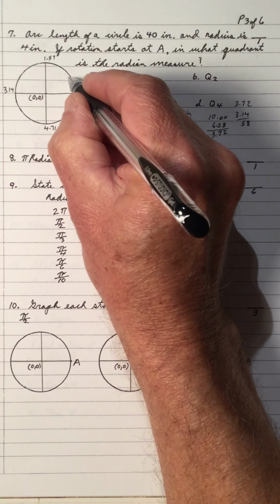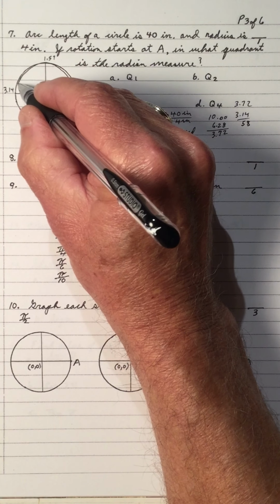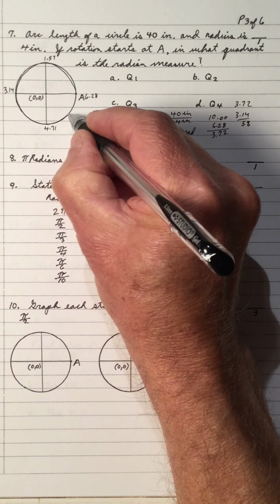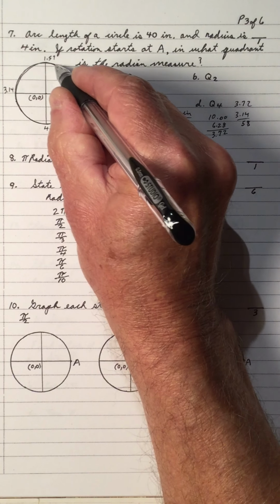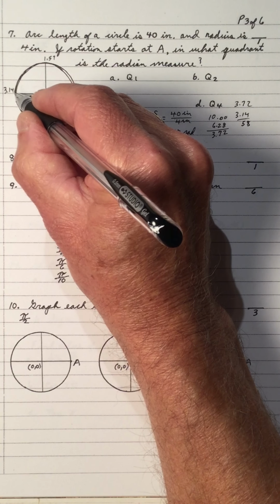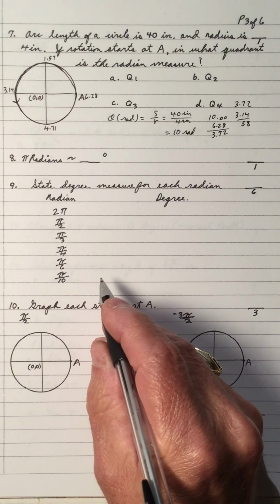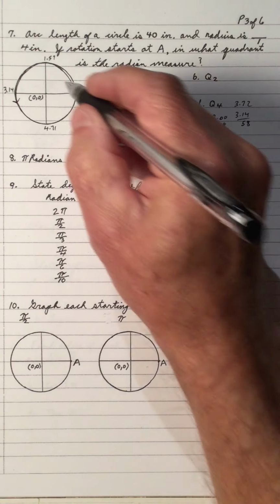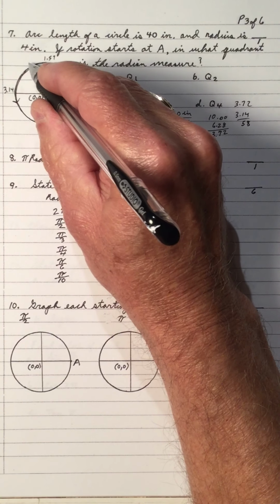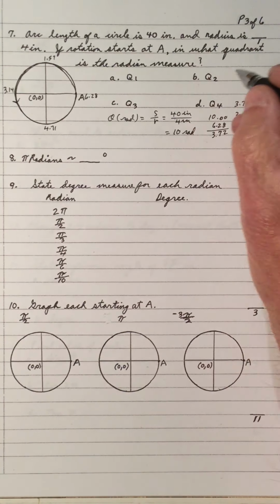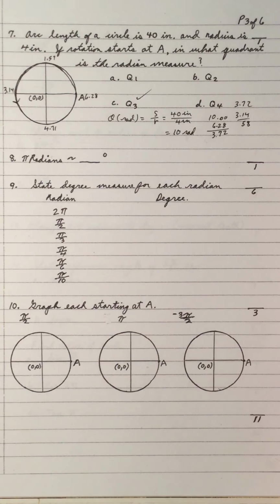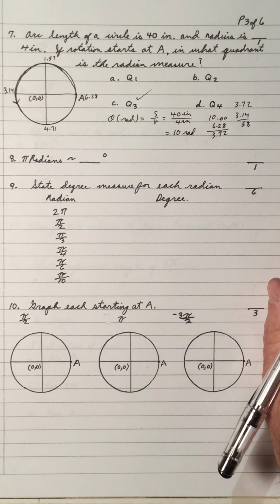So you went right on around, and then you went 3.14 and a little bit more, so that means you're stopping right here. And that means you're in quadrant, this is quadrant 1, 2, 3, 4. So you're in quadrant 3. If you have quadrant 3, give yourself a mark.